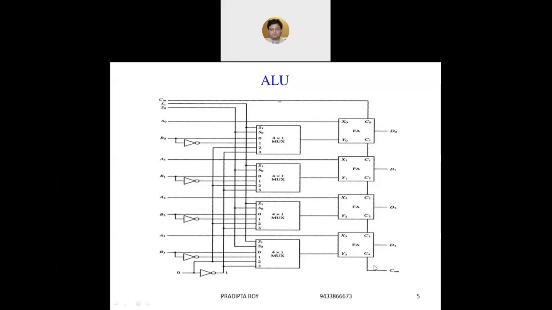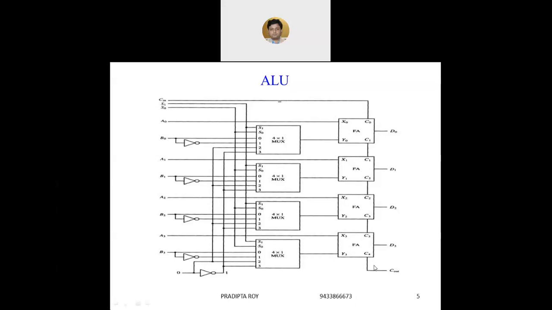If S1, S0 are 0, 0, then input line 0 of every mux will be selected. You can see from the picture that input line 0 of every mux is directly connected to the B input. On the other hand, all the A inputs are directly connected to the full adder input x0.